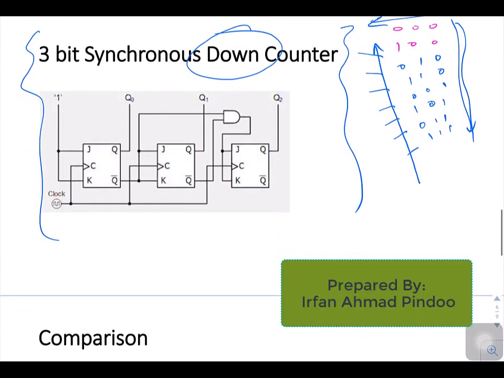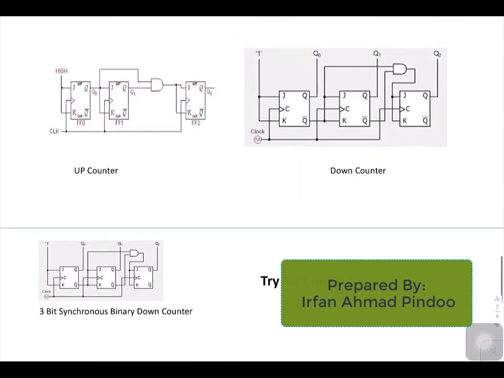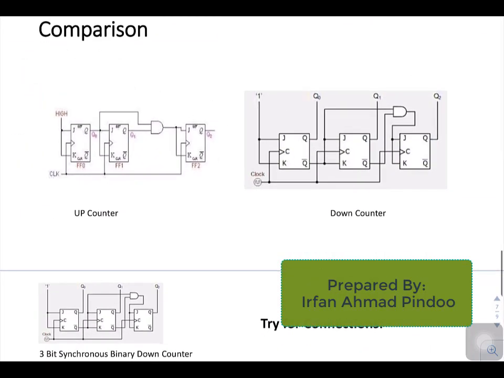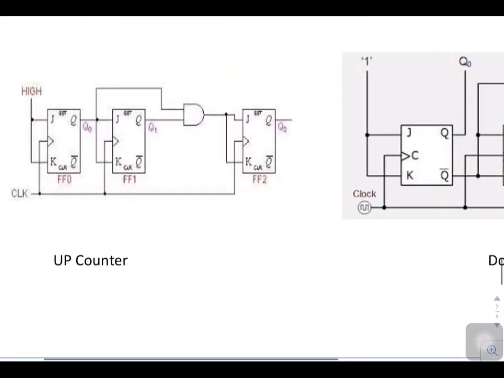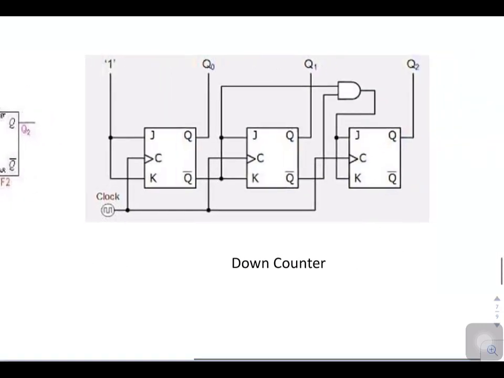And if we compare the diagrams, this is a diagram for the down counter. If we compare the two diagrams, they are very much similar, except that the points to be noted are, if we see here, J and K are connected to Q, and if we see here, J and K are connected to Q bar.